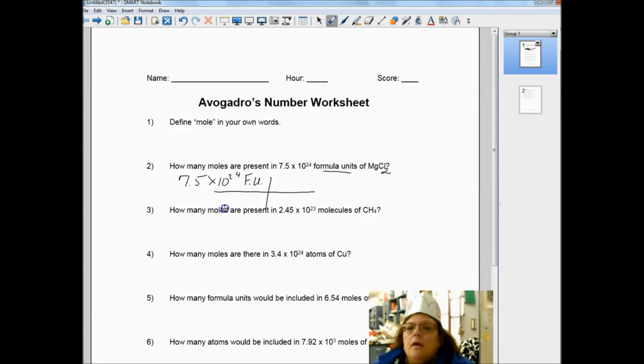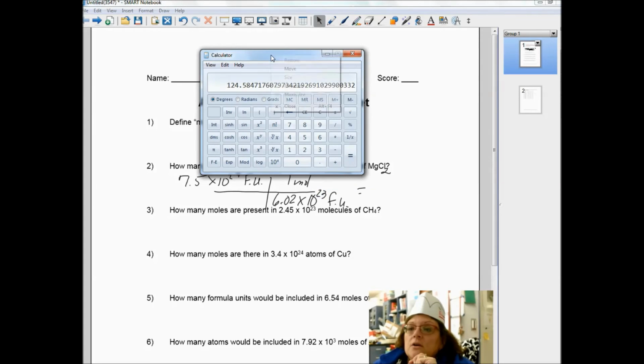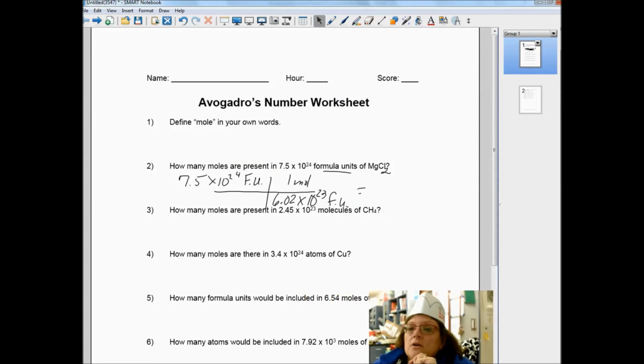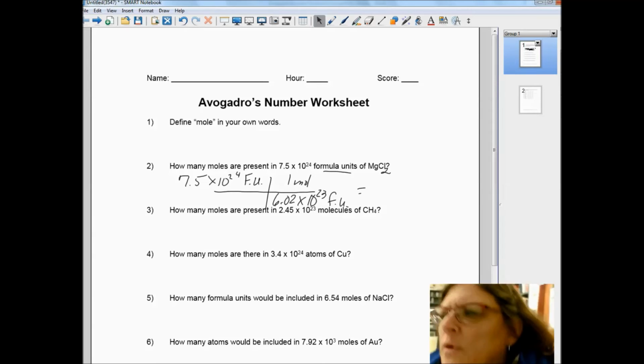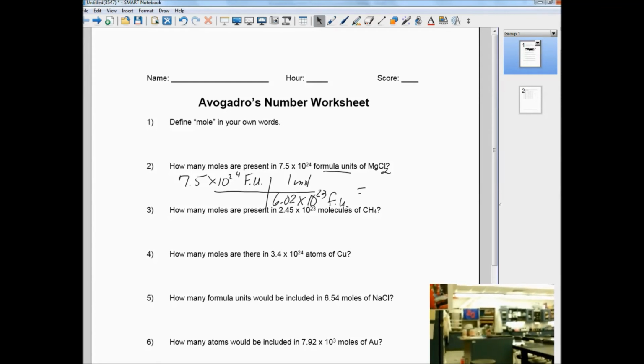All right. So 7.5 times 10 to the 24th formula units. How many formula units would be in 1 mole? Well, we know that 1 mole contains 6.02 times 10 to the 23rd formula units. Take my hat off. All right. What's that going to look like when I punch it into the calculator?